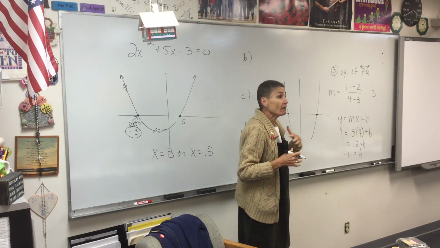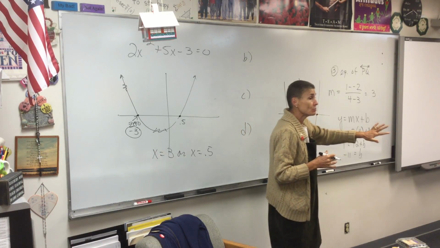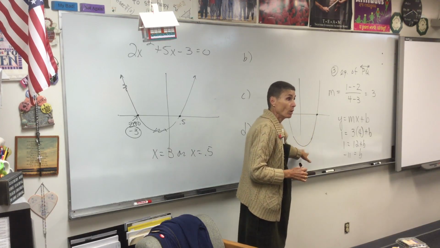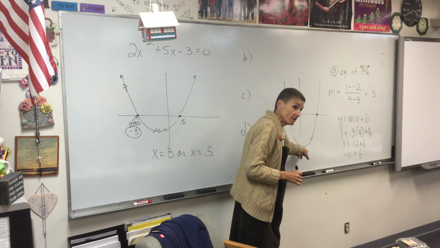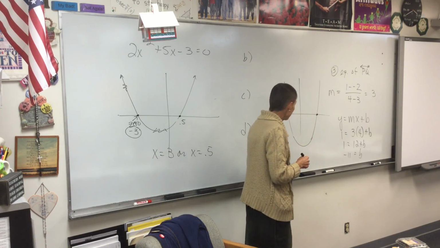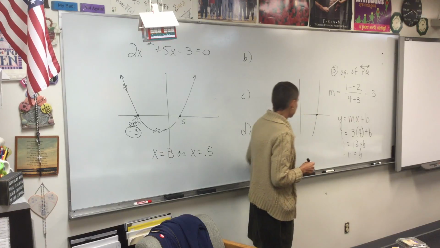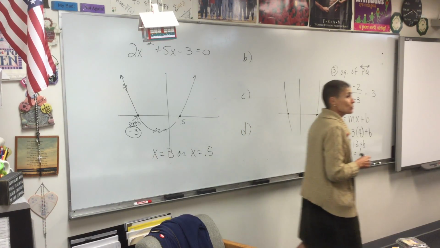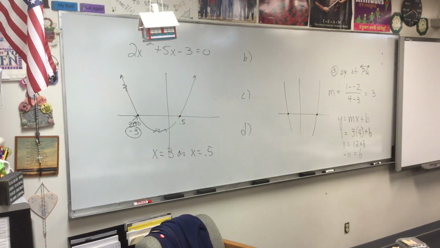Now, if we were interested in the minimum point, which would be right here, then we need to graph it again because we don't see that. But right now, that's irrelevant to me because I can see the points that I want. Your job is to find the x-intercepts.